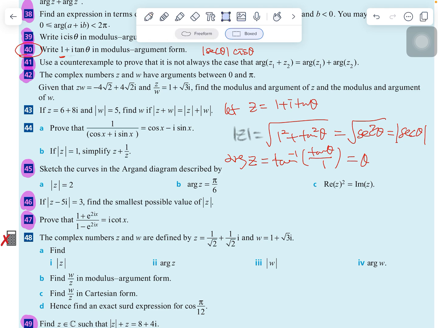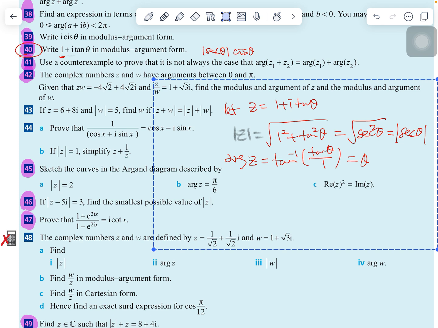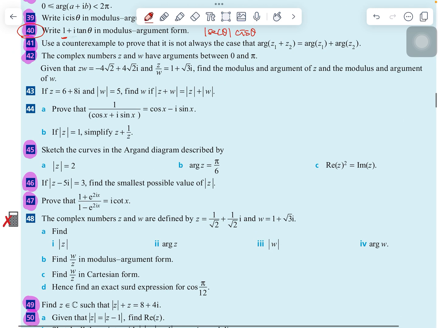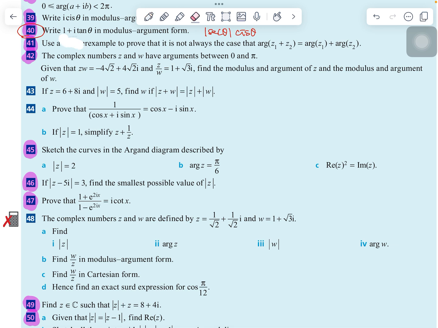Number 41, counterexample. To find a counterexample, we can just try something. It's better to find it from trial and error, because there is no specific single answer. So let me find something simple. Let's say z1 is 1 and z2 is i. The argument of z1 is 0.